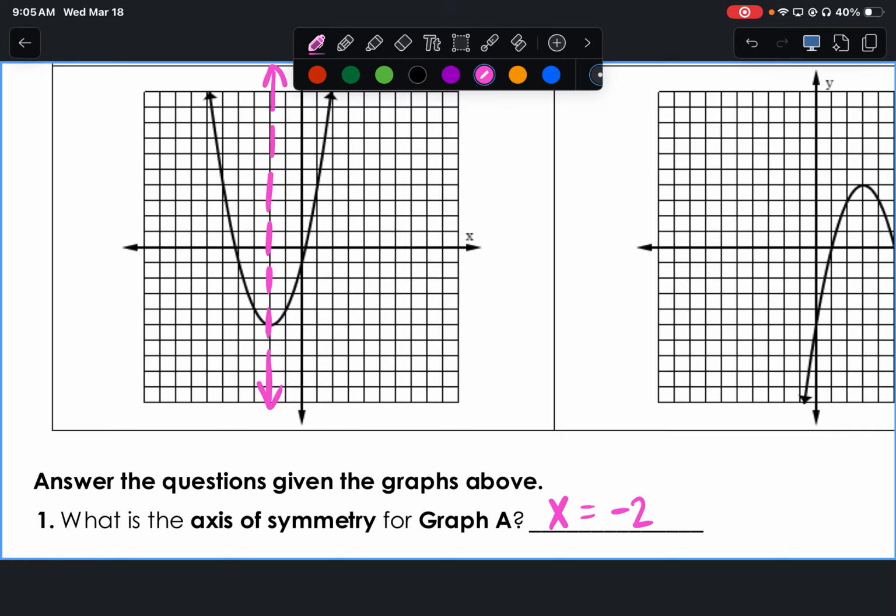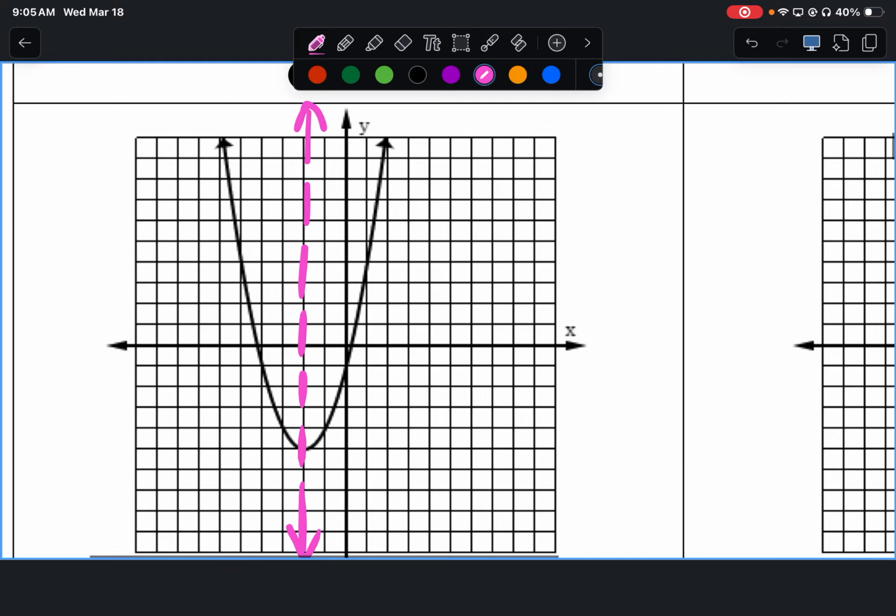All right, now, for question 3, it asks us, what is the vertex of graph A? What would the vertex of that graph be? -2.